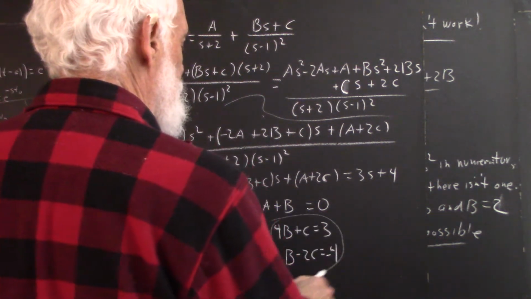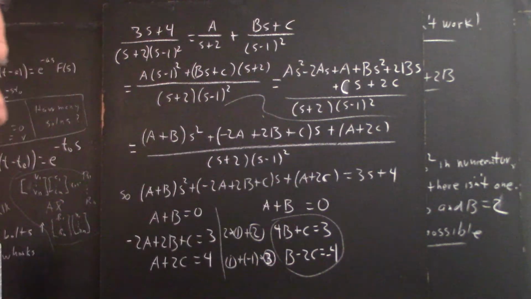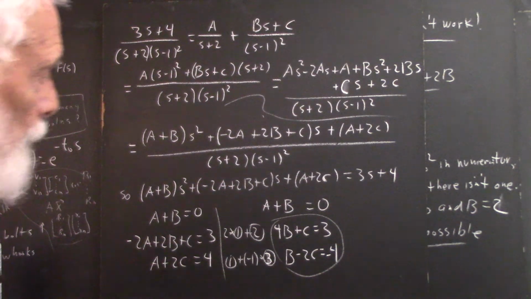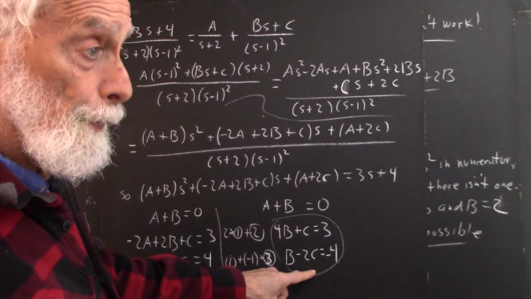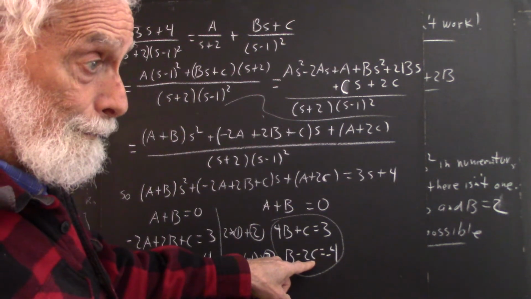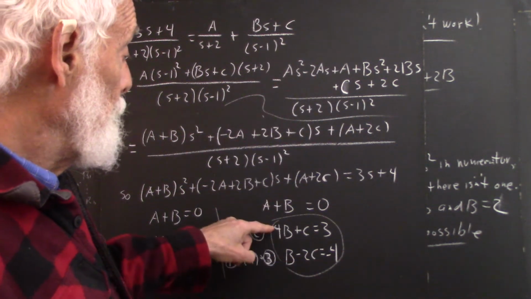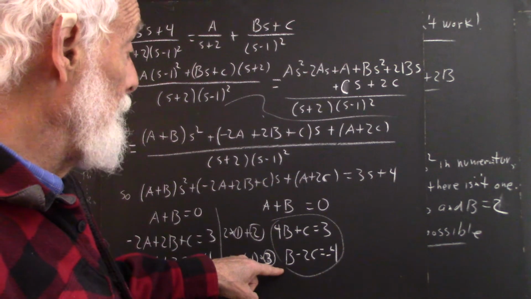We then solve these equations for b and c. Okay, and I'm not going to write out the details of that. I'm just going to say that if I add 2 times this to this, it's going to get rid of c. And 2 times 4b added to b gives me 9b.